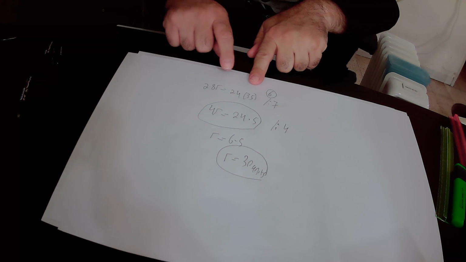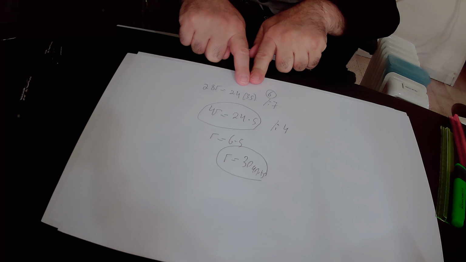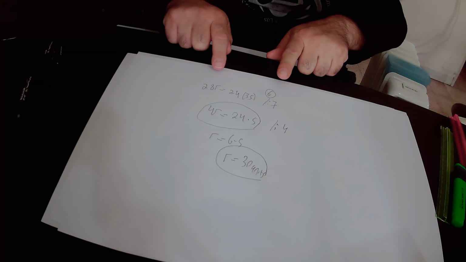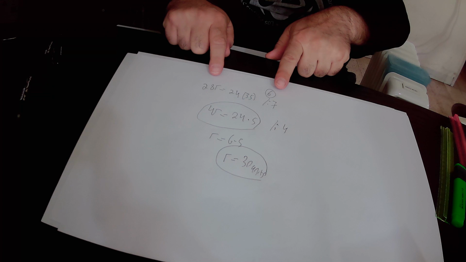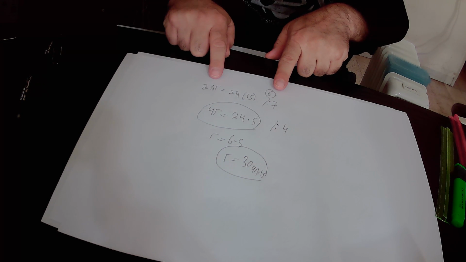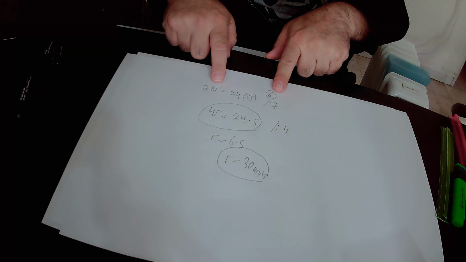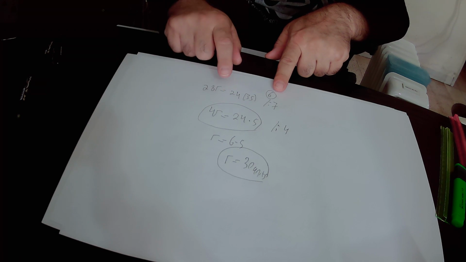So 28r equals 24 times 35. Here we divided this equation by 7. 28 over 7 is 4. So in total, on this side of the equation, we have 4r.